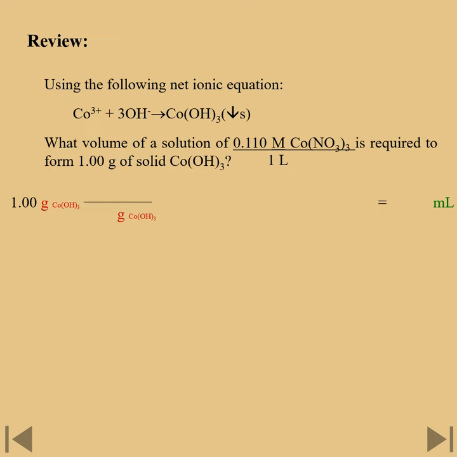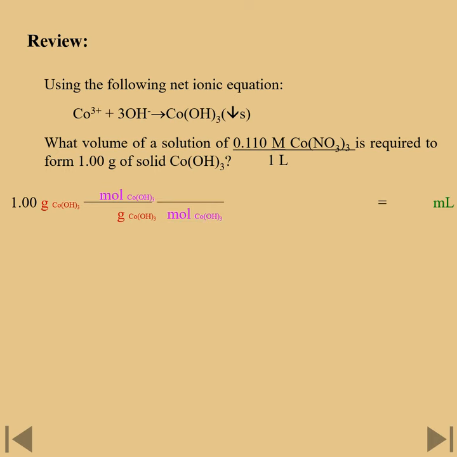Once again, getting this bar should be pretty easy. Now comes the big question. Can I go from grams of cobalt-3 hydroxide to milliliters of cobalt-3 nitrate solution? No, I'm going from one chemical to another, so we know we have to go first into moles. So into moles of cobalt-3 hydroxide from grams.